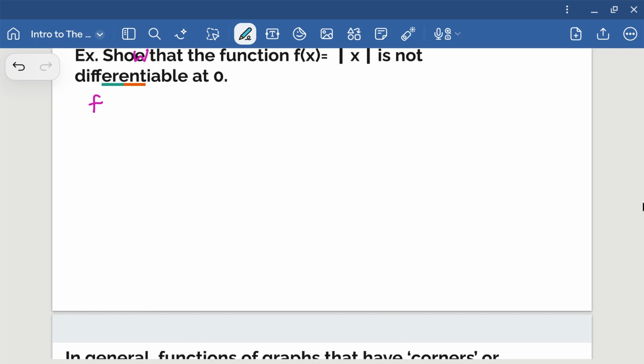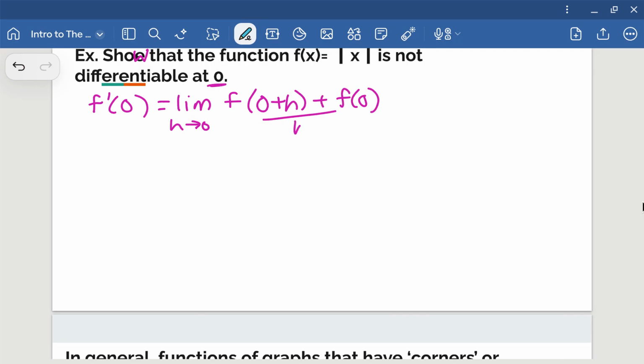So f prime, or the derivative at 0, is going to equal our limit as h still tends towards 0 of f of 0 plus h, so just plugging in that x value, minus f of 0, all over h.